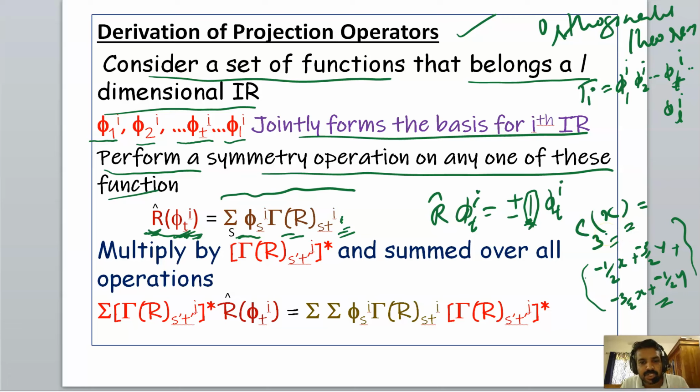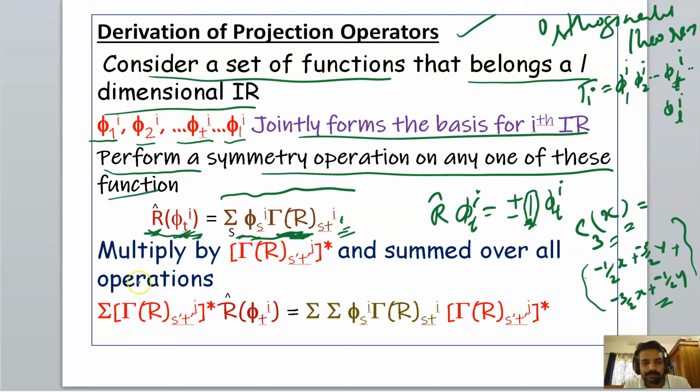Similarly, for a general function we get a linear combination of functions. The coefficient is actually the character of the representation, so we write the character second and the function first. Usually we do the opposite, but here we have written it like this. I think you understand this.